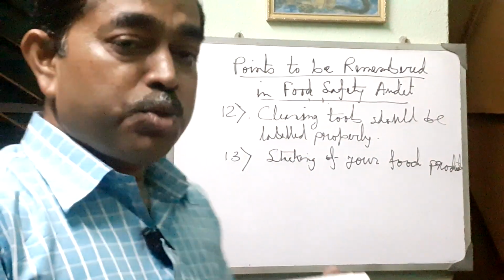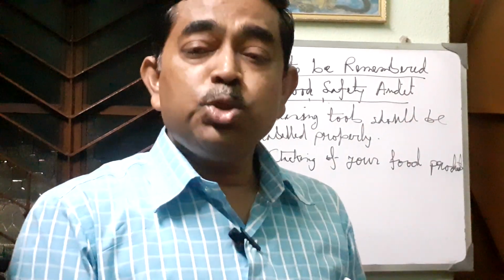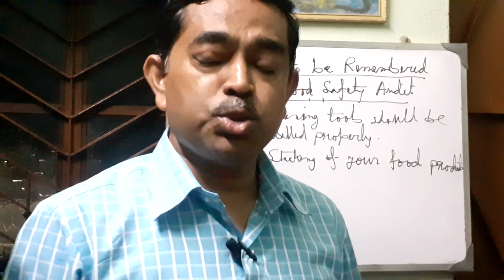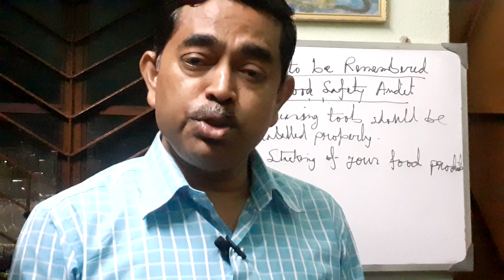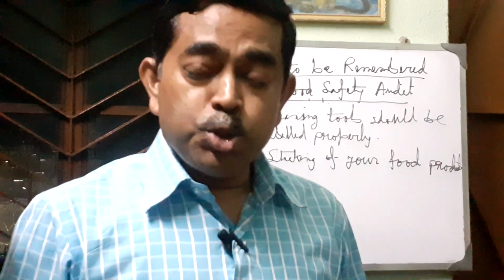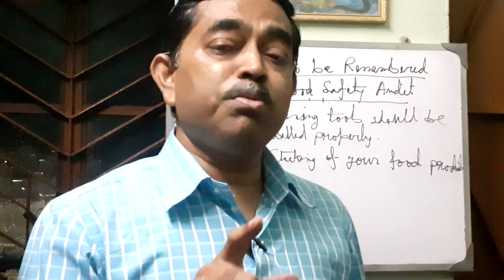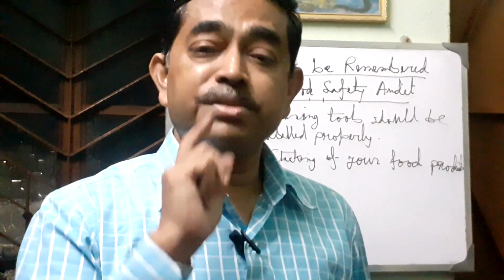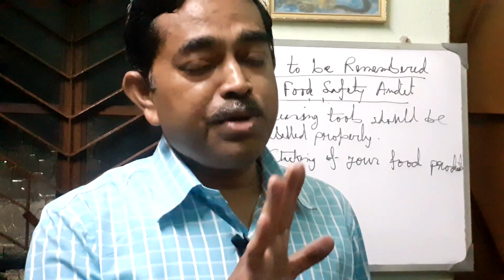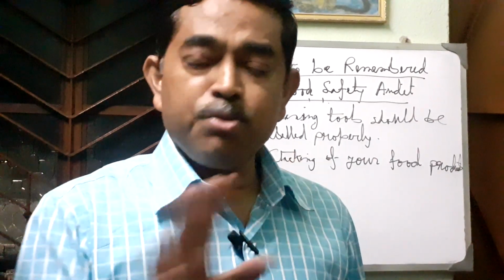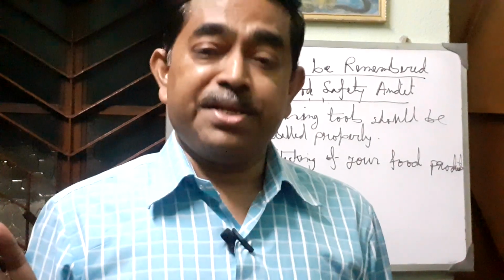Generally, when you are keeping food products in the storeroom, any storage room or cold room, you should not keep them directly on the floor. The finished product, any raw material, or any packaging material should not be kept directly on the floor. This is the rule. You should keep it on a pallet, and this pallet should be made of plastic. You can't use any wooden pallet for that.